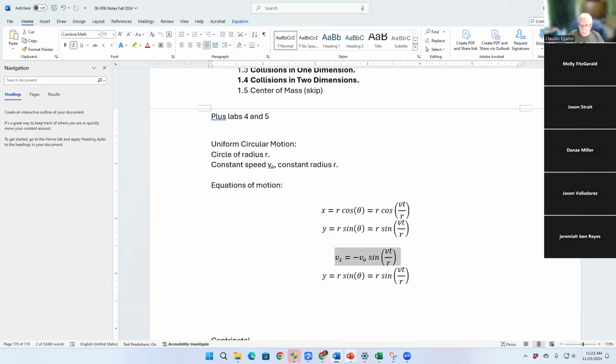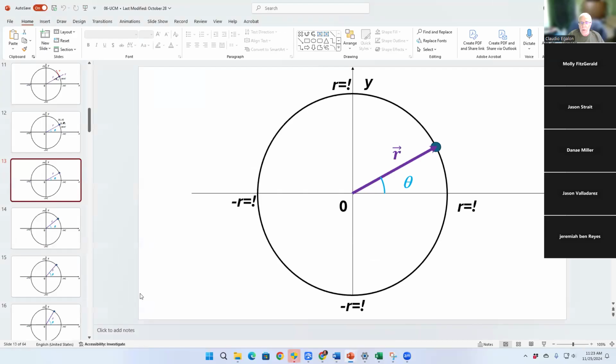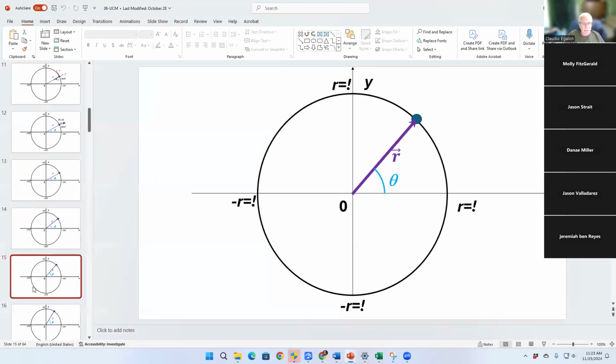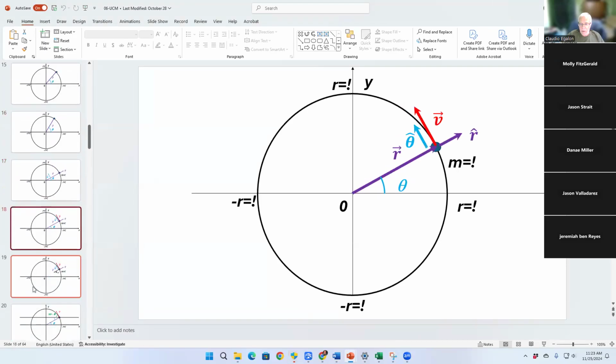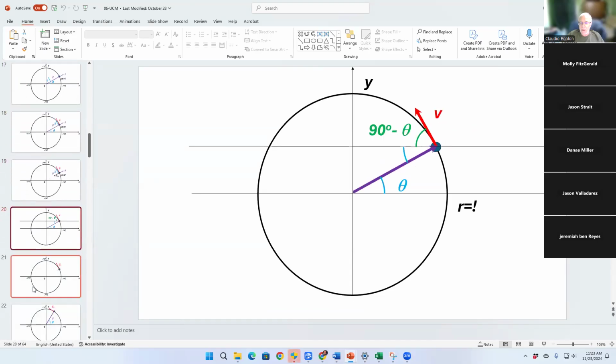All you have to do is to break down the velocity components that you saw. Here's the velocity component, 90 degrees minus theta. What was cosine becomes sine. Cosine of 90 minus theta becomes sine.